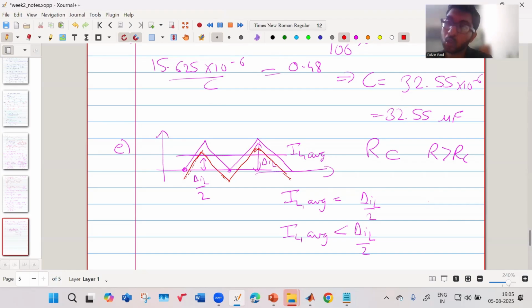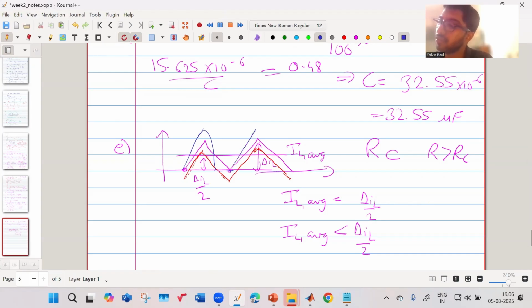This is how the current would be ideally in CCM mode of operation. But if your diode is enabled, that is, you are not allowing the current to go negative, then this will not be valid. This cannot happen. In that case, your current will go to some value, the peak will be more, fall, and remain at 0.